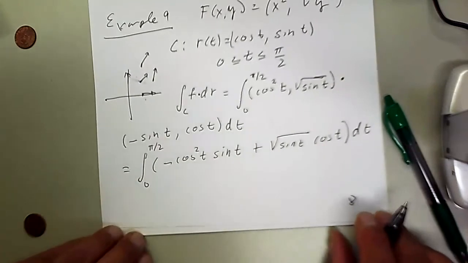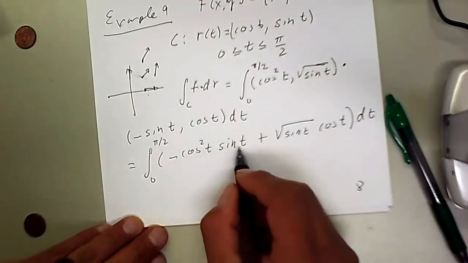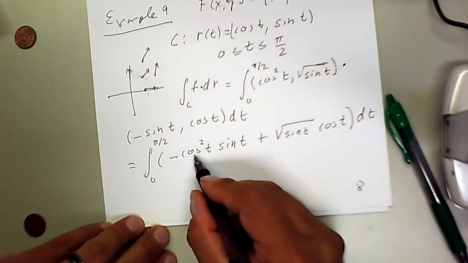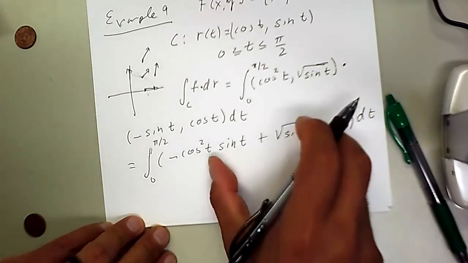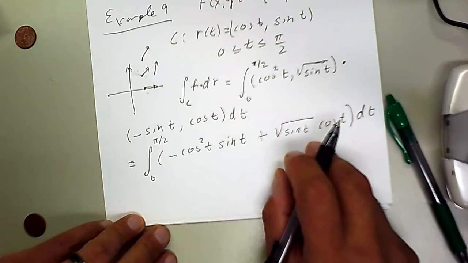I think we can do this on the rest of the page. Here we're going to use substitution, of course. Split this into two integrals, and in each one of those, we're going to use substitution.